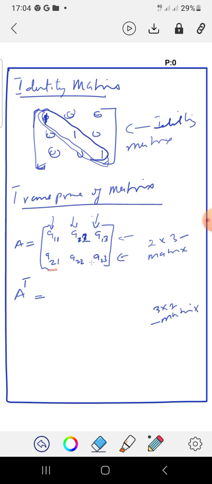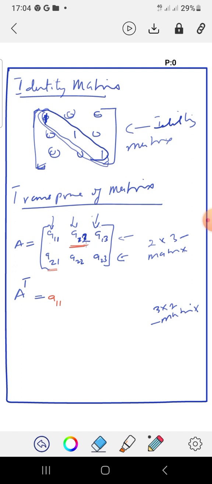Definitely, the diagonals would be retained because the indexes of the diagonals are the same: 1, 1, 2, 2, 3, 3. So even if you flip it, you are not getting anything out of it. So we retain A11 where it is.